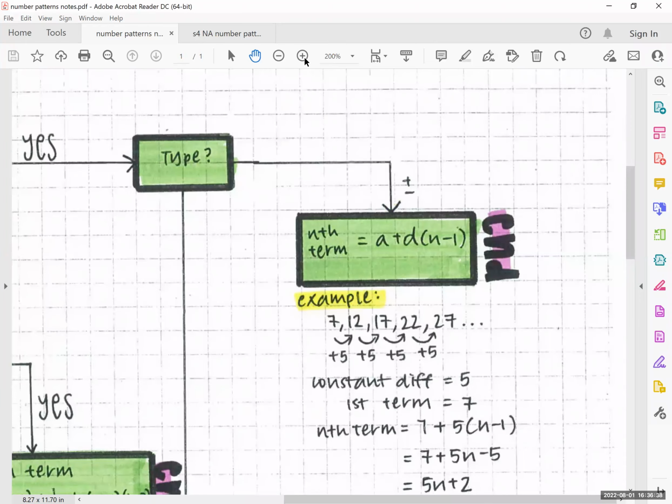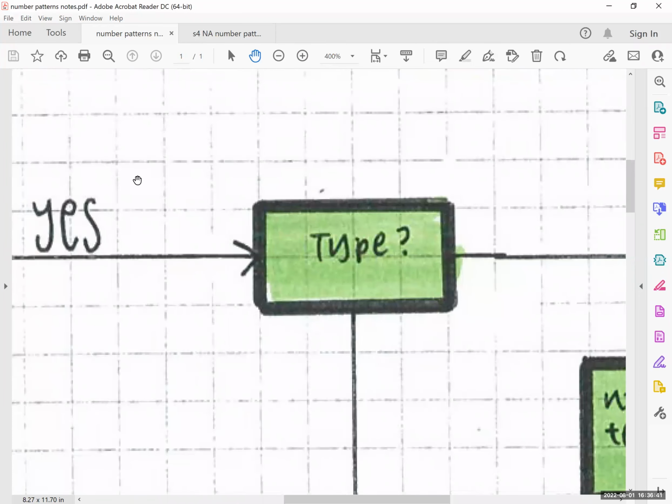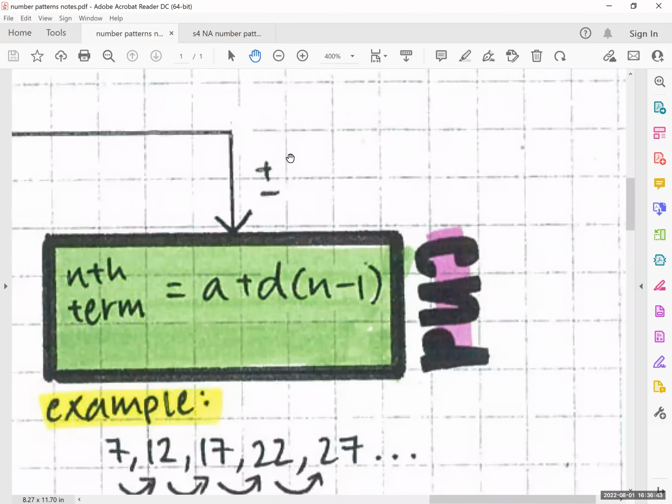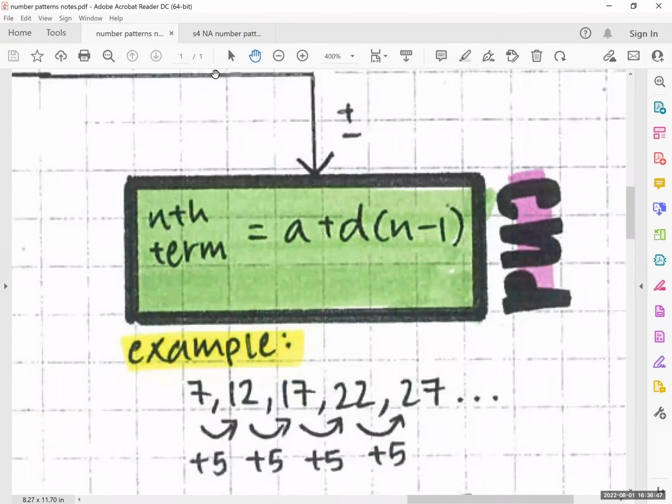Today we're going to focus on the first type, that is the plus minus type. What do I mean by plus minus? For example, sometimes the question gives you 7 followed by 12, 17, 22, 27, and so on and so forth.